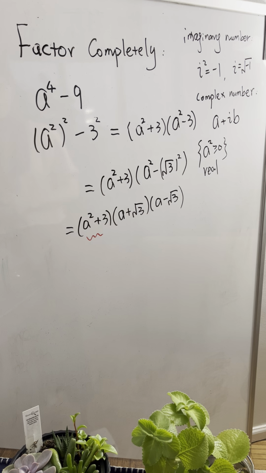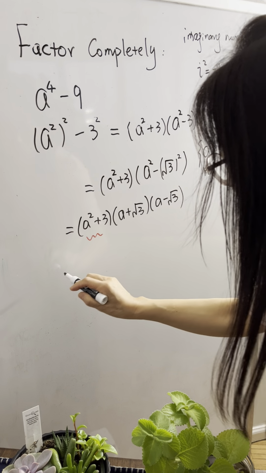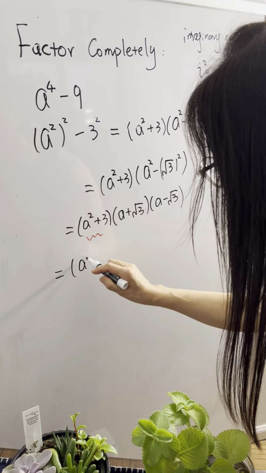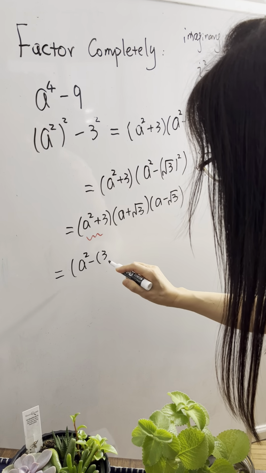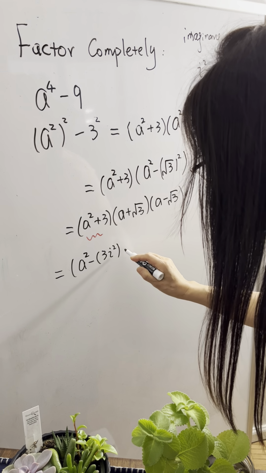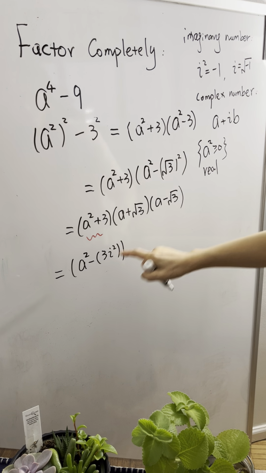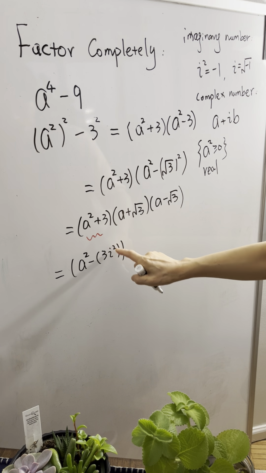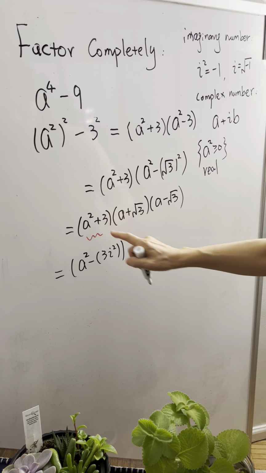Okay. a squared plus 3, because we can write this as a squared minus 3 times i squared, right? Because i squared is -1. So that will make this -3. The minus -3, that's plus 3.